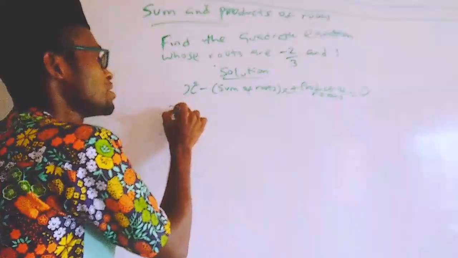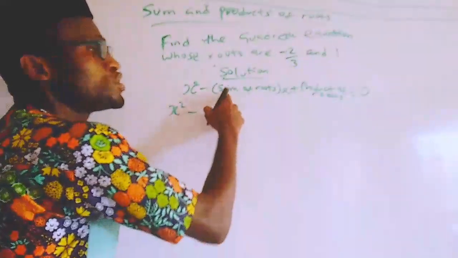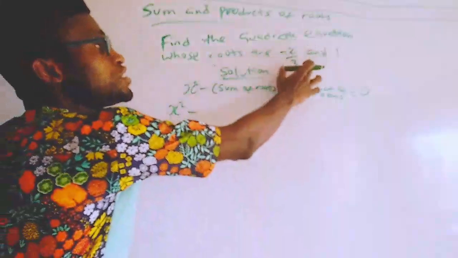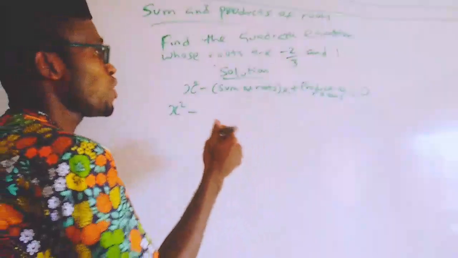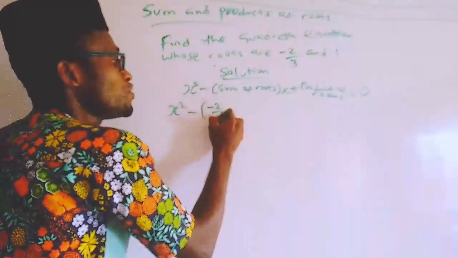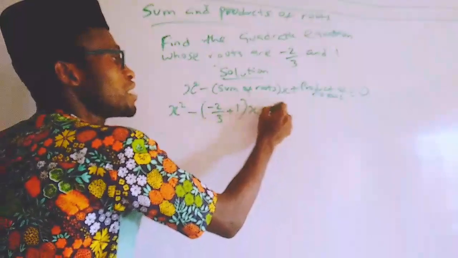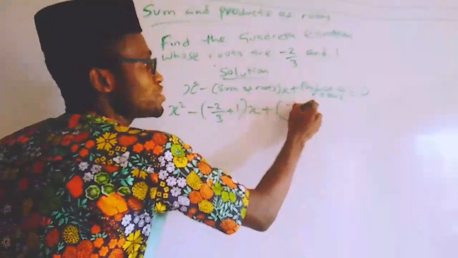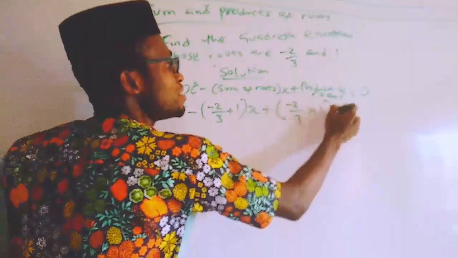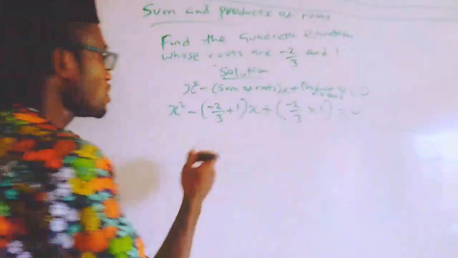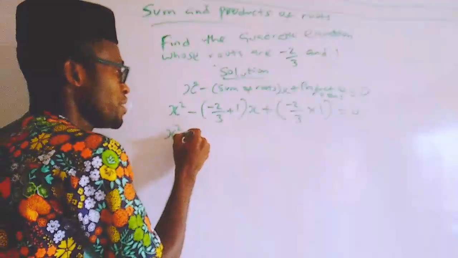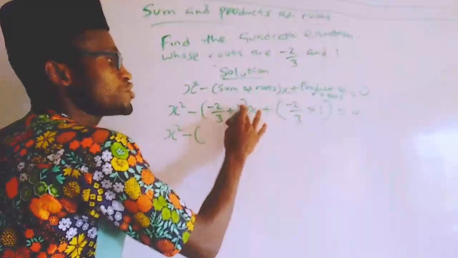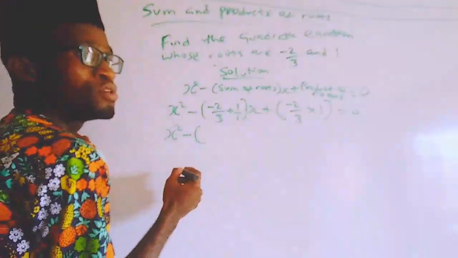We now have x squared minus the sum of the roots, that is the addition of -2 over 3 and 1. So that is -2 over 3 plus 1, x plus the product -2 over 3 times 1 equals 0. So it's now going to be x squared minus, and since this is addition, we are going to make use of the LCM.